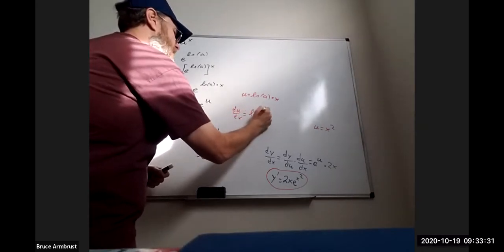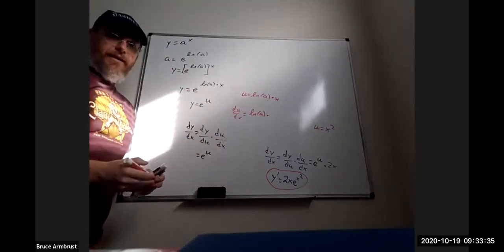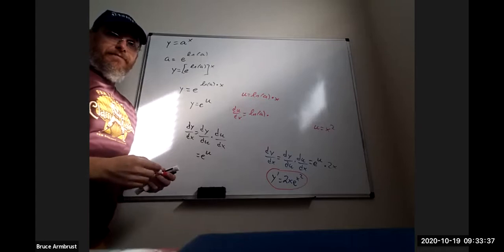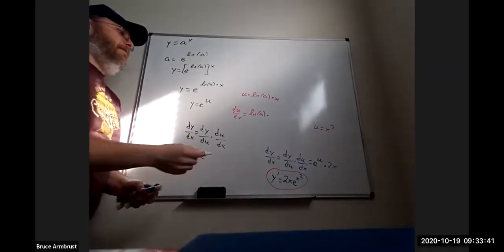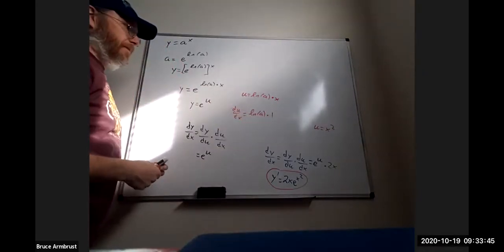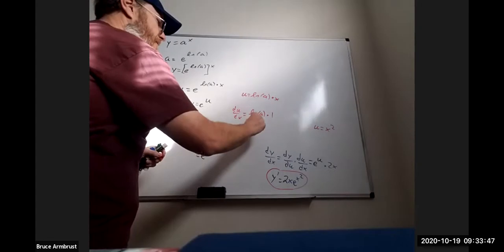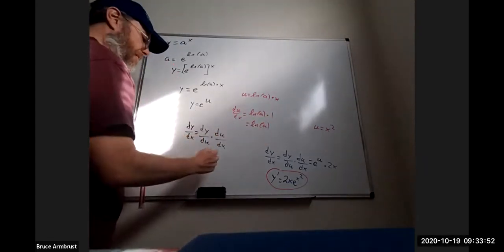So we're going to get natural log of a, and then I need to multiply that by the derivative of x. The derivative of x is just 1. So this derivative is just natural log of a. So we'll go ahead and put this down here.